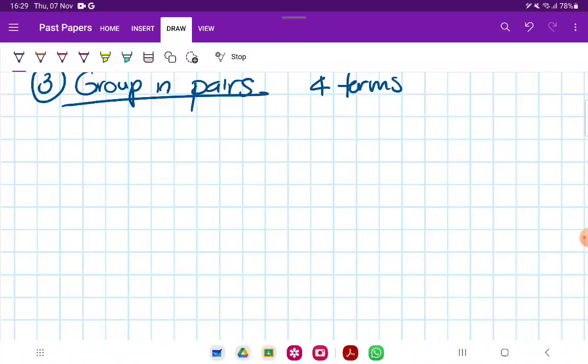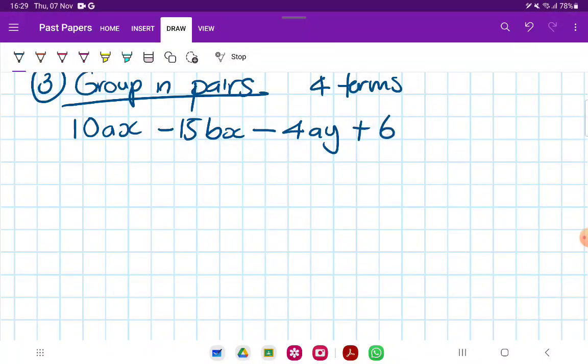So let's go with 10ax minus 15bx minus 4ay plus 6by. Now again, you can factorize any which way you want, but normally we take the first 2 and the last 2 together. Not a rule, just general practice.